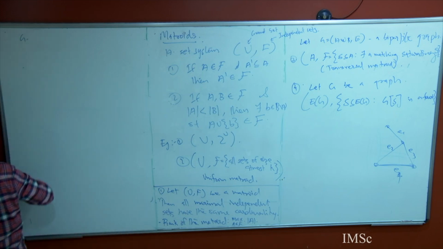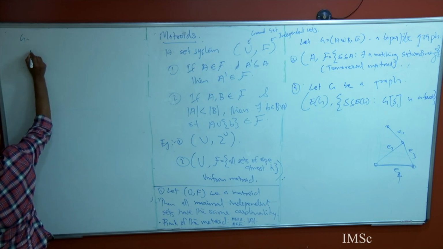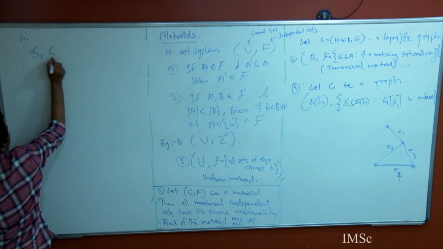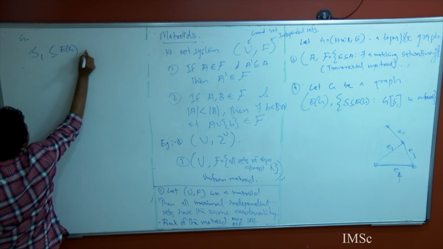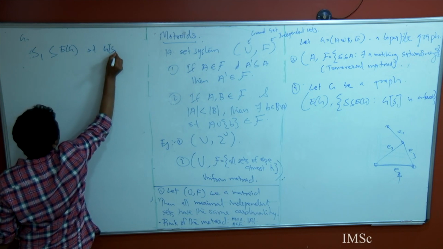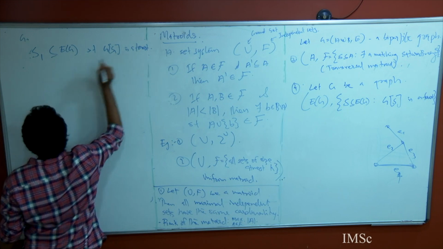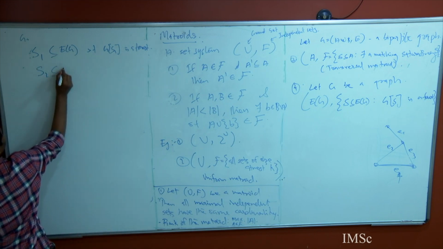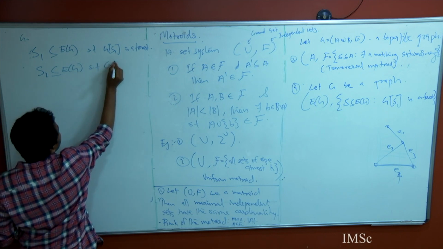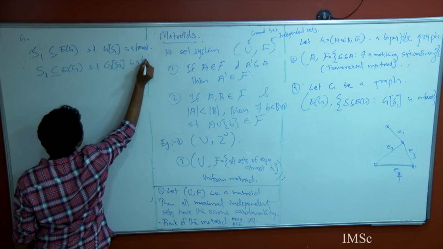So we have the graph G and say S1, a subset of E of G, such that G of S1 is a forest, and S2, a subset of E of G, such that G of S2 is a forest.